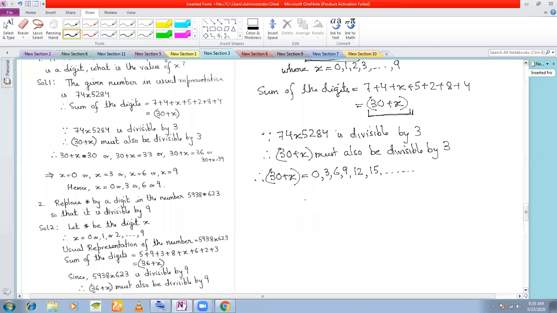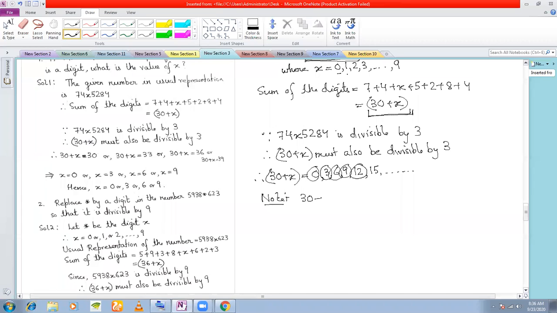But in each of the cases you will have to find out the value of x. We need to be a little smart here. See that x is a digit, x is not a number, so we cannot accept all the values. We cannot accept 0, 3, 6, 9, 12.